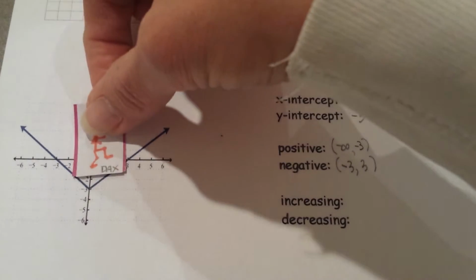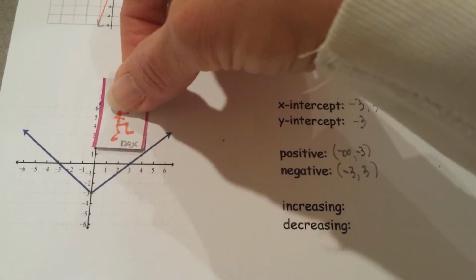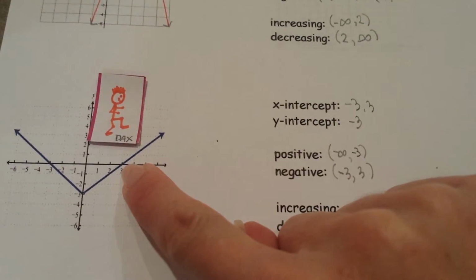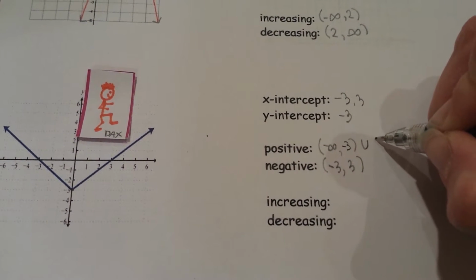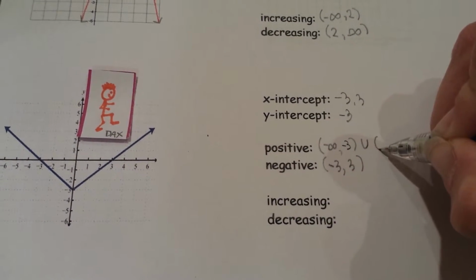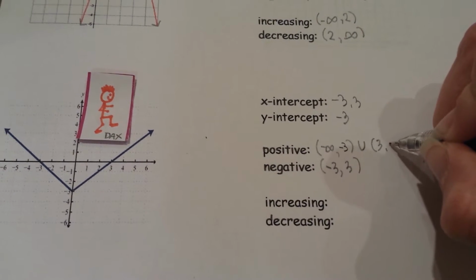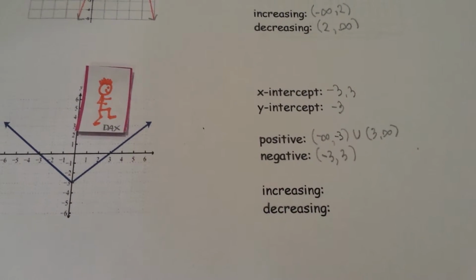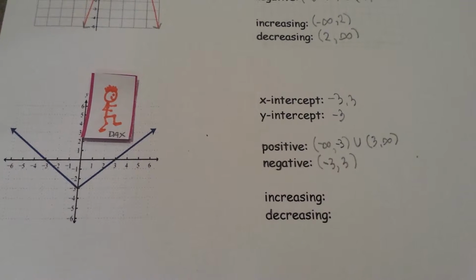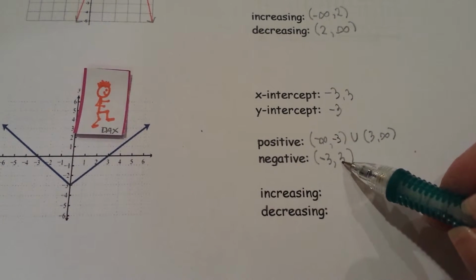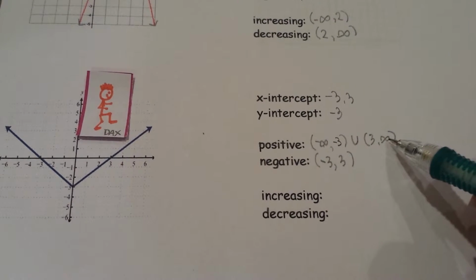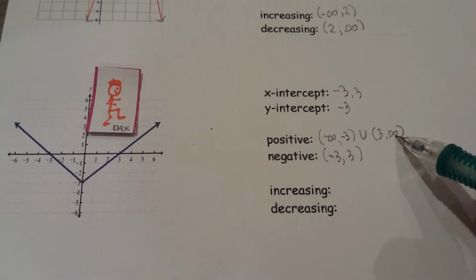And then once Dax is done being negative, he goes back to being positive right here at +3. So again, I have to union or add another positive interval by saying 3 to +infinity. Okay, so do you guys notice that we started at -infinity, we broke for a little bit to be negative, and then we ended with +infinity.